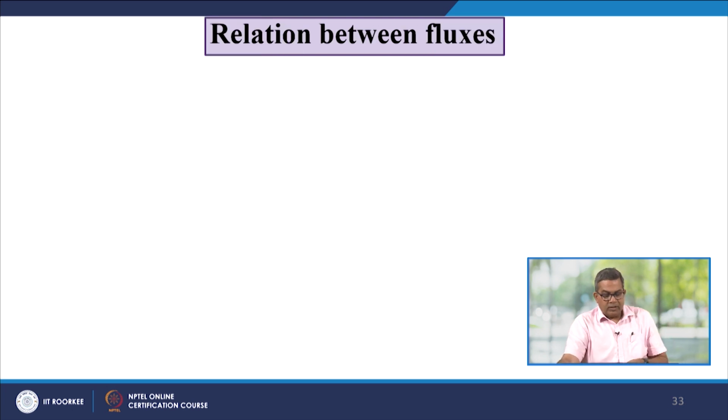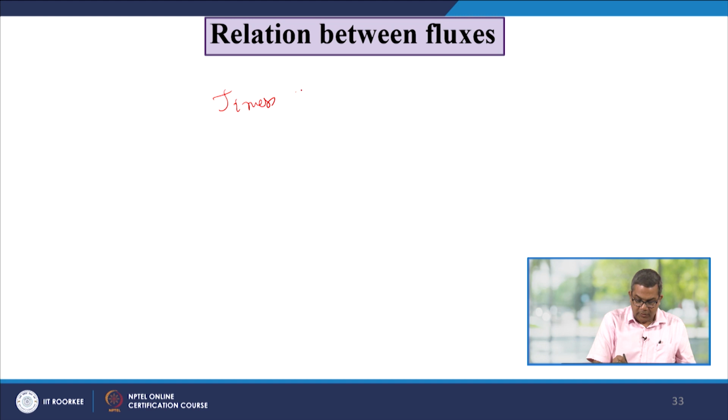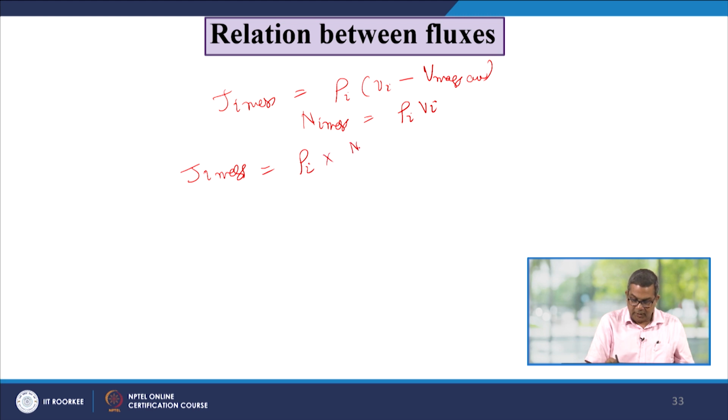Now, let us talk about the relations between the fluxes. So, Ji mass is equal to rho i into (Vi minus V mass average), and Ni mass is equal to rho i Vi, and Ji mass is equal to rho i into Ni mass over rho i minus rho i V mass average.